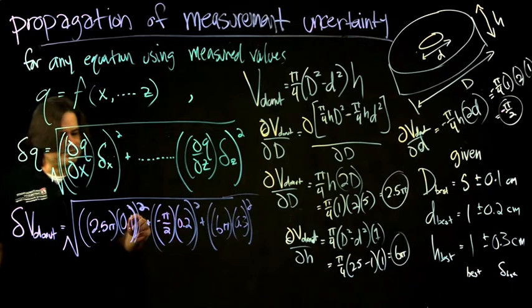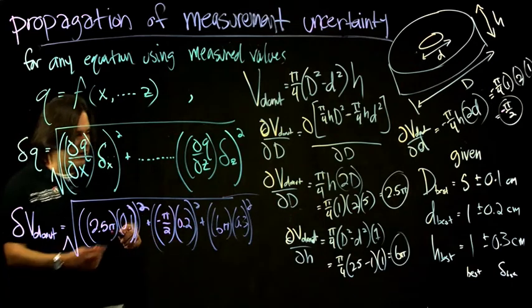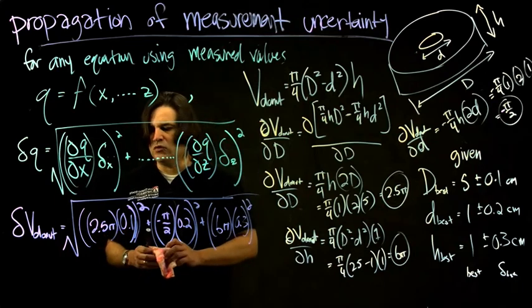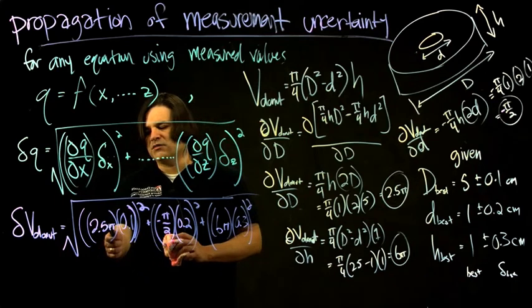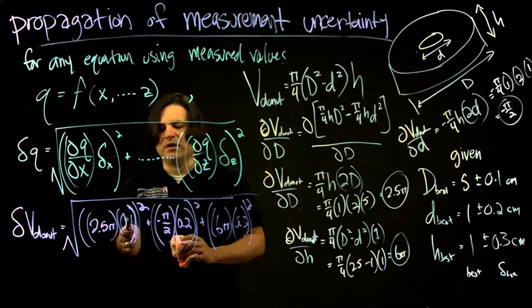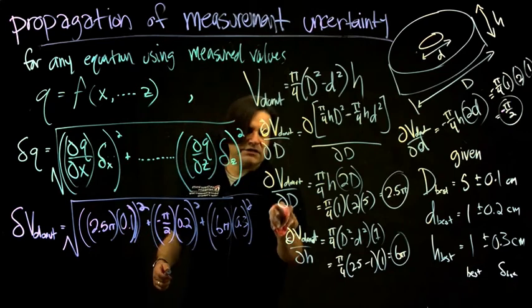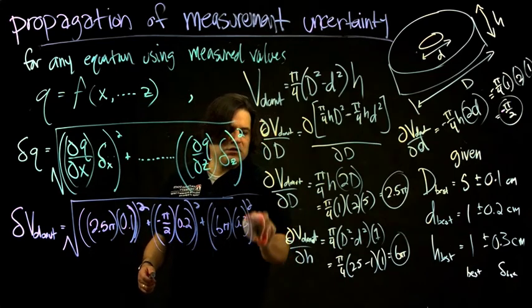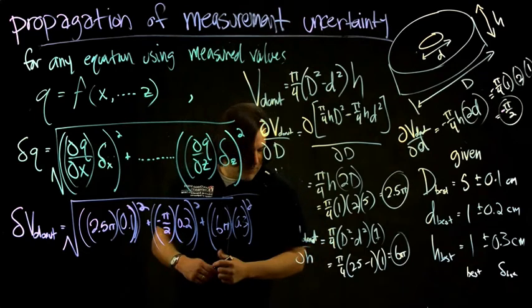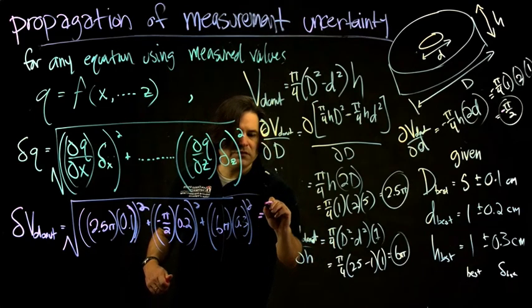When you do that, I got 5.7 centimeter cubed, because this is a d squared, so this is a centimeter squared multiplied by a centimeter. At the end, you should get centimeter cubed. So I got 5.7 centimeter cubed.